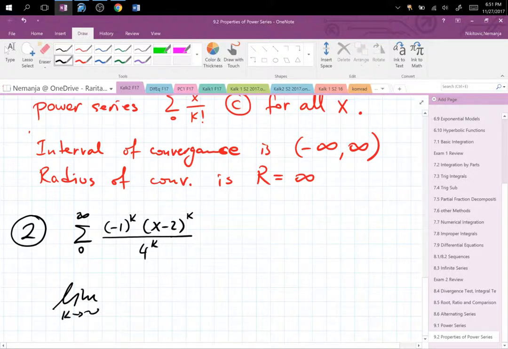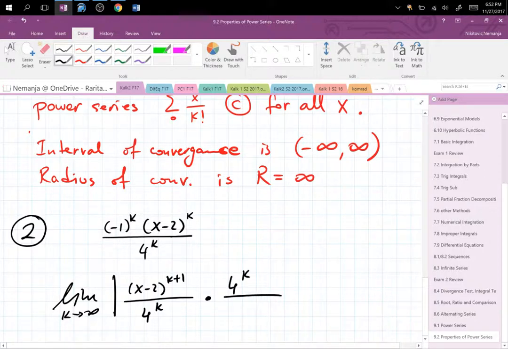Limit k goes to infinity, absolute value. I'm not going to bother to put the negative 1 to the k, because all of those terms, because of the absolute value, become 1. So I have x minus 2 to the k plus 1 divided by 4 to the k plus 1, times 4 to the k divided by x minus 2 to the k.